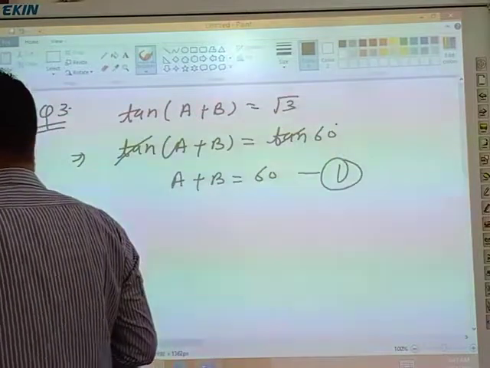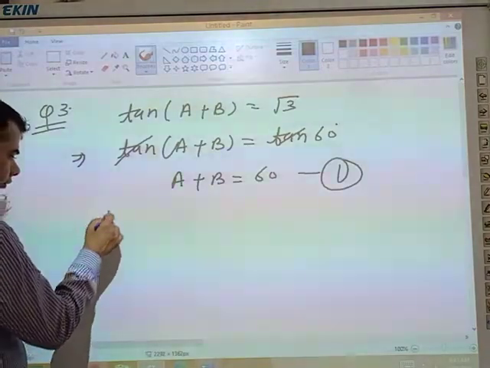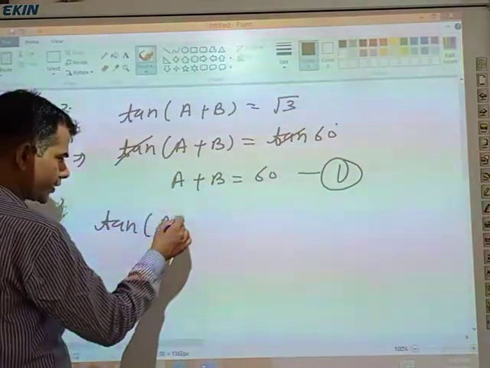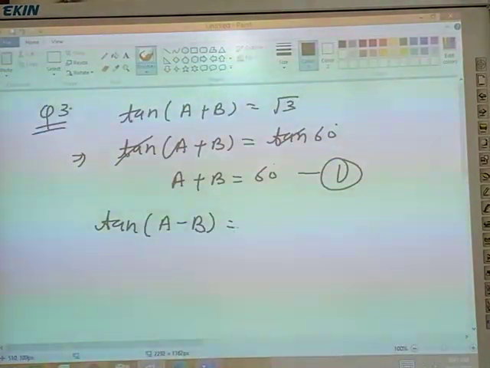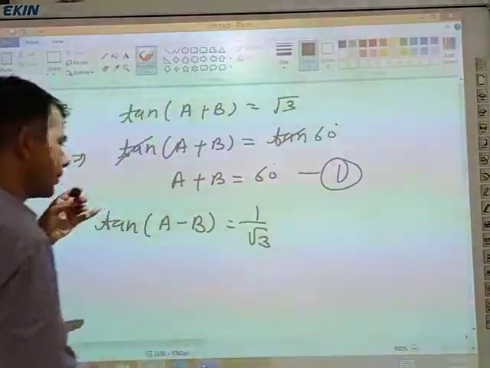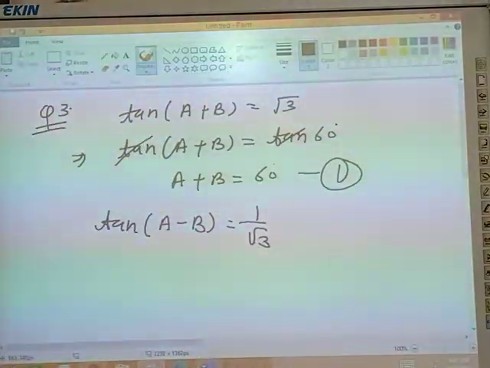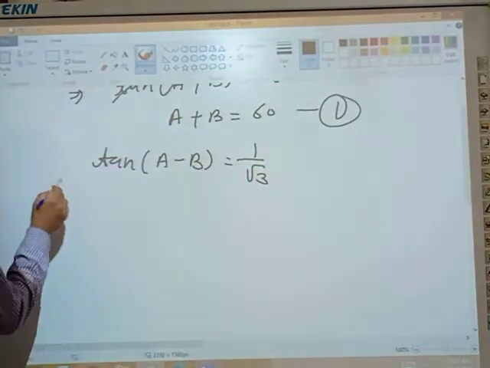Equation first. Any doubt? Any problems? No, sir. Now tan of a minus b is equal to 1 by root 3. In the table, 1 by root 3 comes in tan 30.